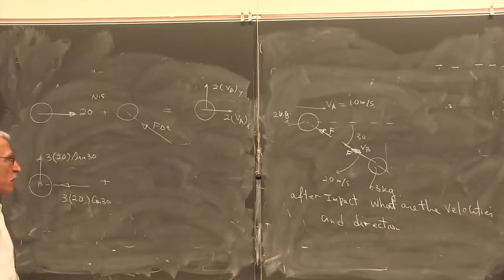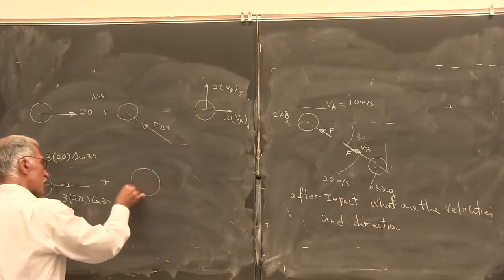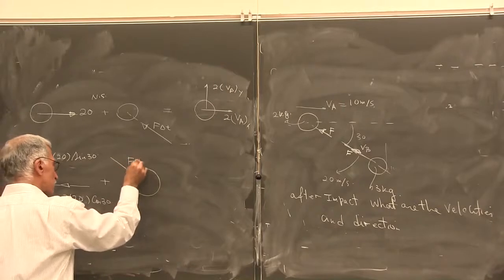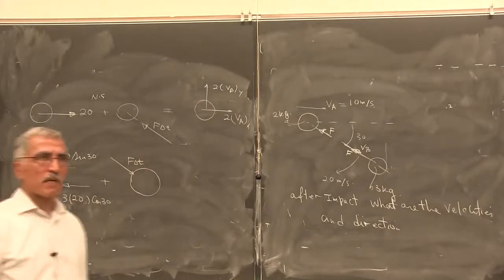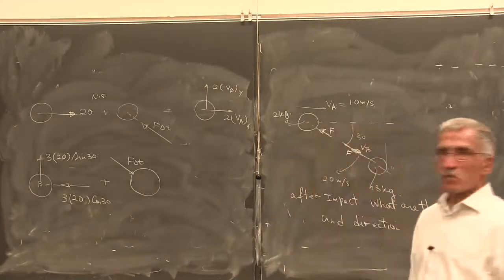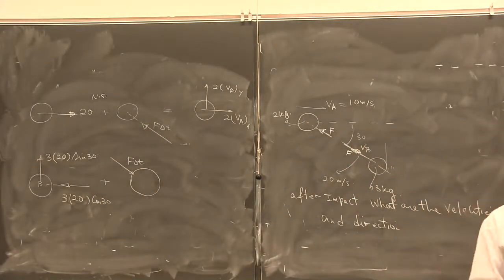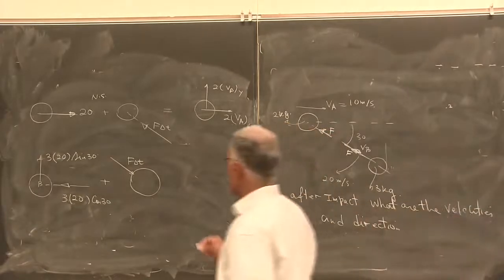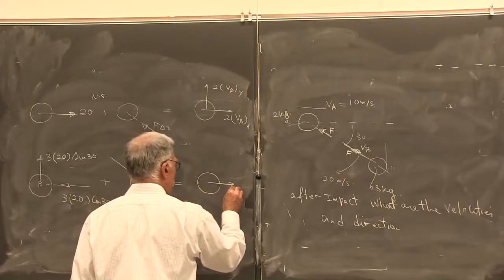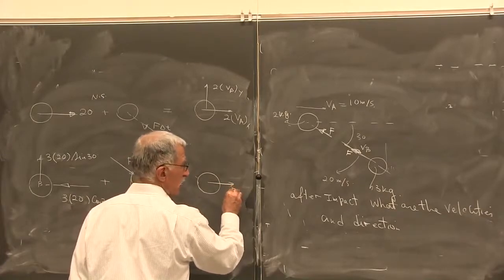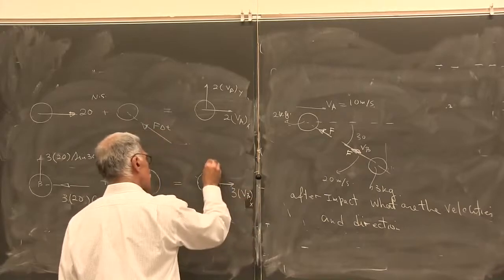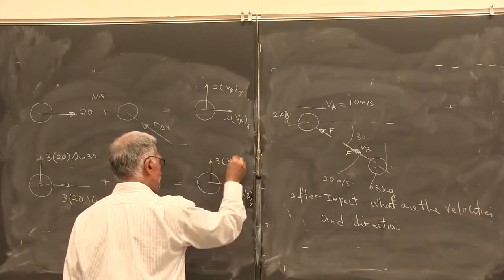Plus impulse. Now your impulse is like this, F delta t, in this direction. As a result, they obtain a new momentum: 3 kilogram times VBx and 3 kilogram times VBy.